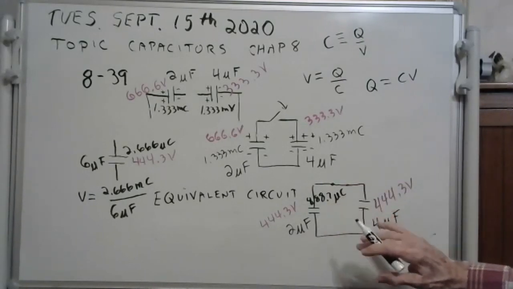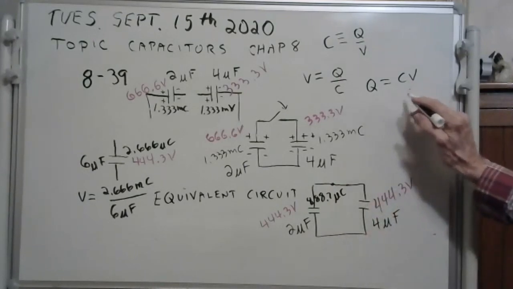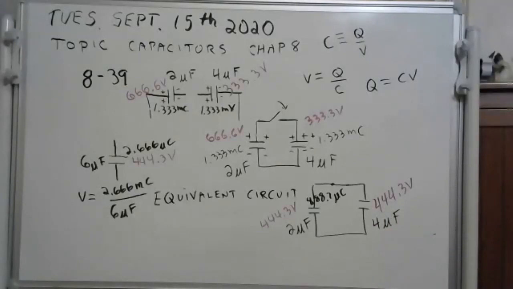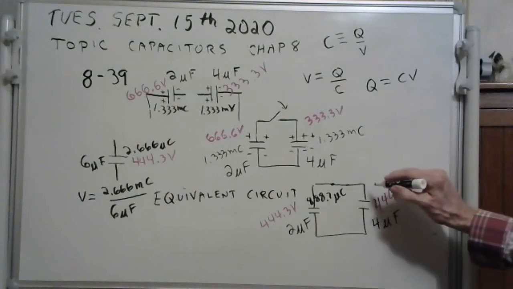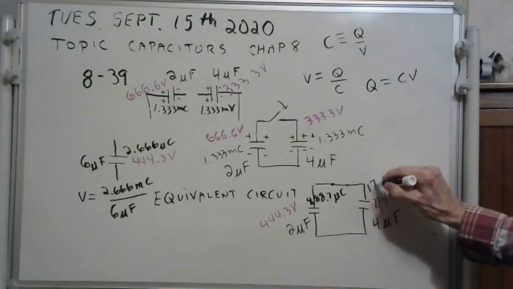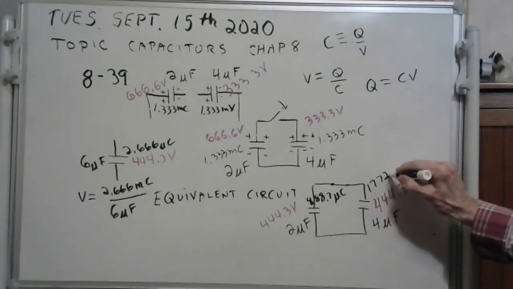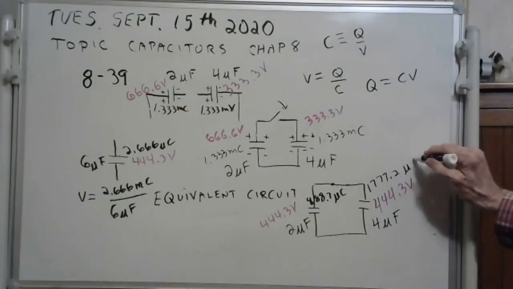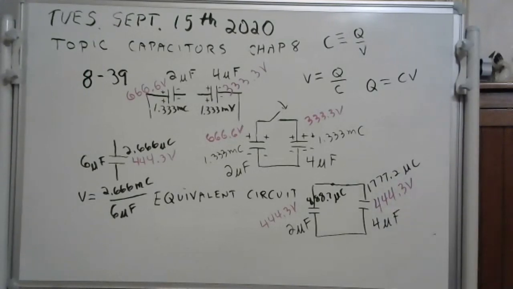Now I'm going to do this one. Q equals CV. There's the C and there's the V. 4 times 444.3. I'm getting 1,777.2 microcoulombs on that one.